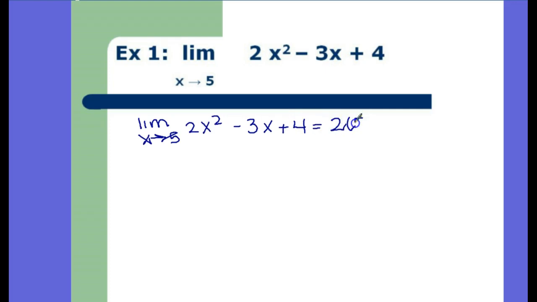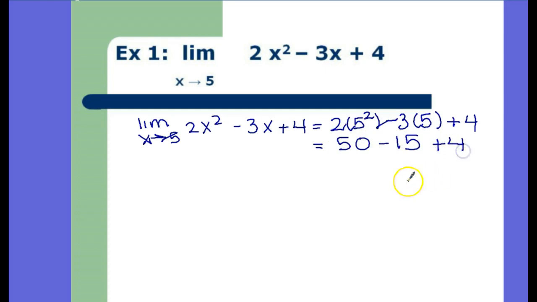The minute you plug in your numbers, you no longer have to write the limit. So you get 2 times 5 squared minus 3 times 5 plus 4. Again, in calc, no calculators for something like this. This would be a mental math problem. Make sure you follow order of operations. You get 25 times 2 minus 15 plus 4, which is 39.